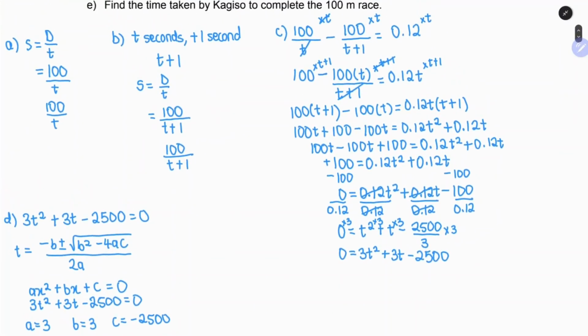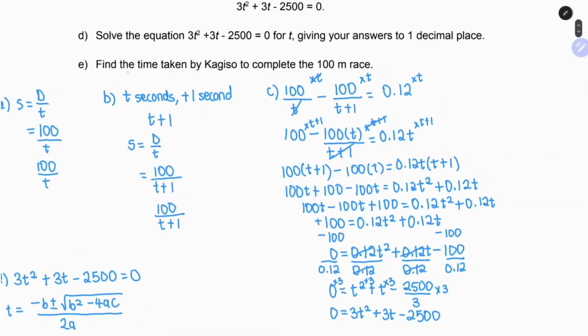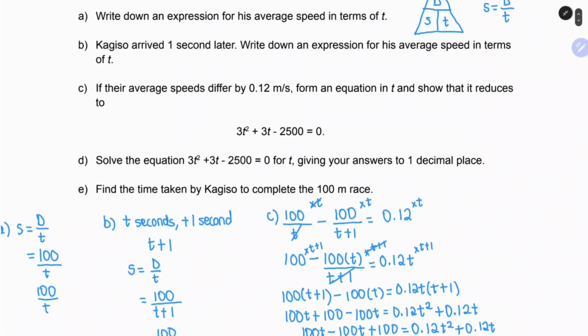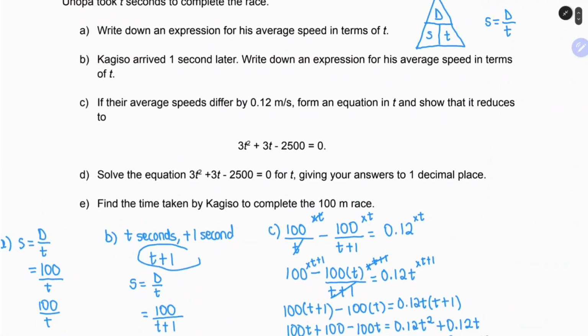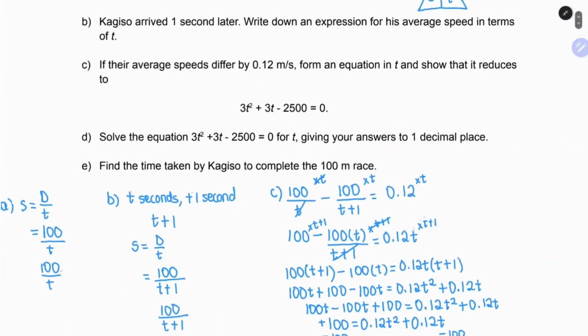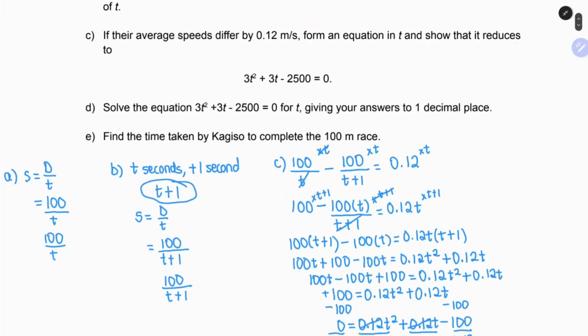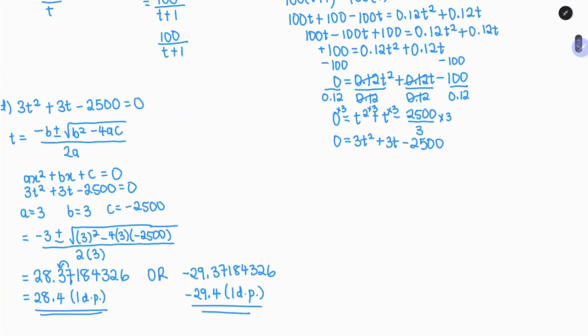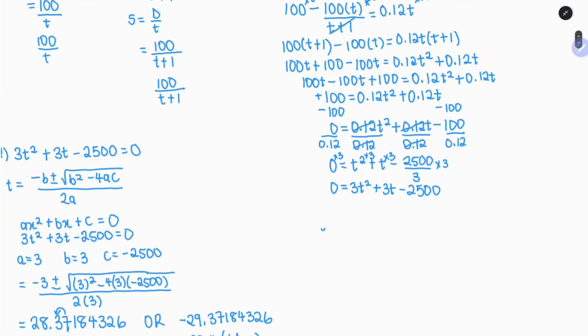So to end it off now, it says find the time taken by Kagiso to complete the 100-meter race. So remember the time that we had here, which we said is the time taken by Kagiso, and we said that he took T plus 1 second.